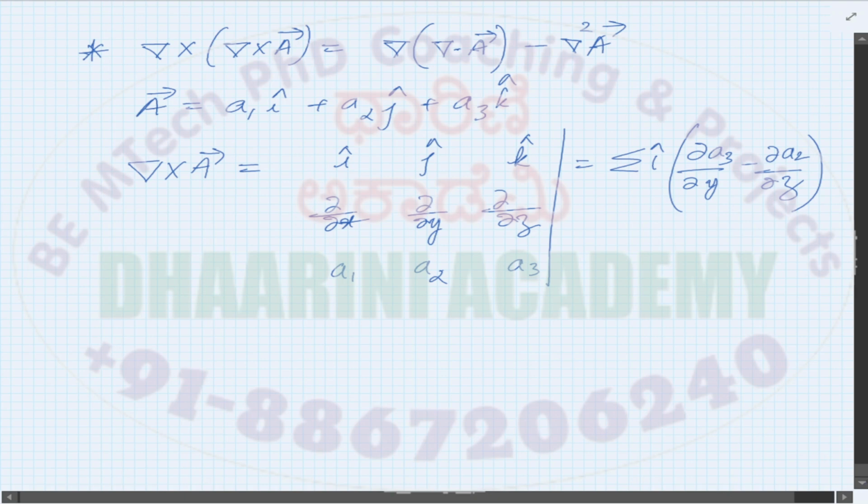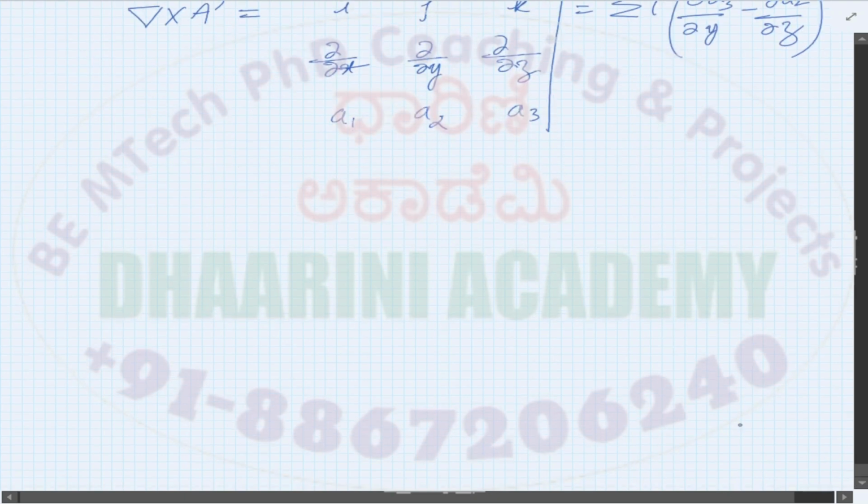Okay, now what we are going to write here is we are going to write this in a different format for our next step. Because it always starts with the left hand side, and it says that I have to perform the del cross del cross A vector, right? As soon as we see a del cross, that is nothing but a determinant.